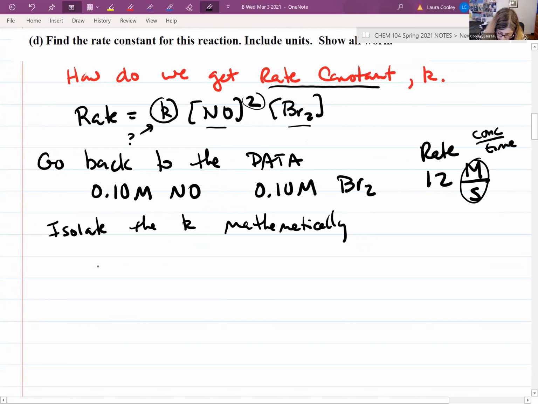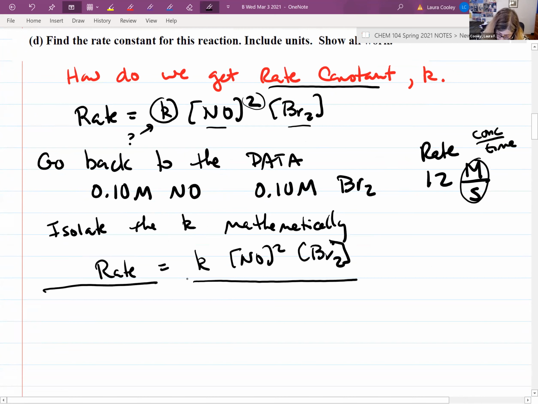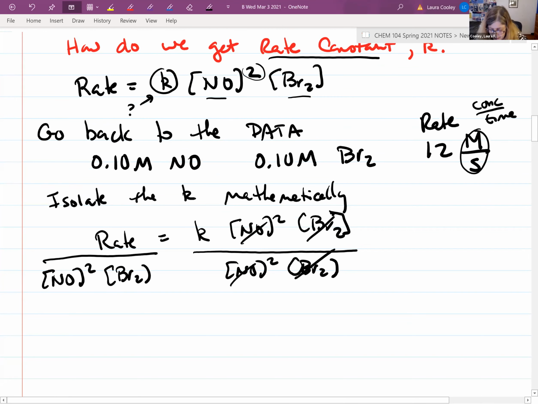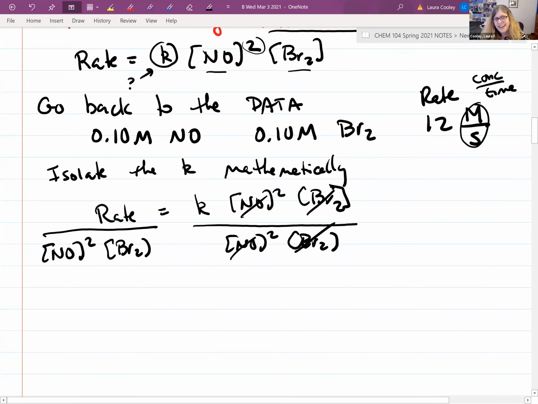So I would basically take this equation and I would divide both sides by [NO] squared and [Br2], so that these cancel out. Now I know most of you won't do that. You'll just plug in the numbers, but so be it. I can't change you.